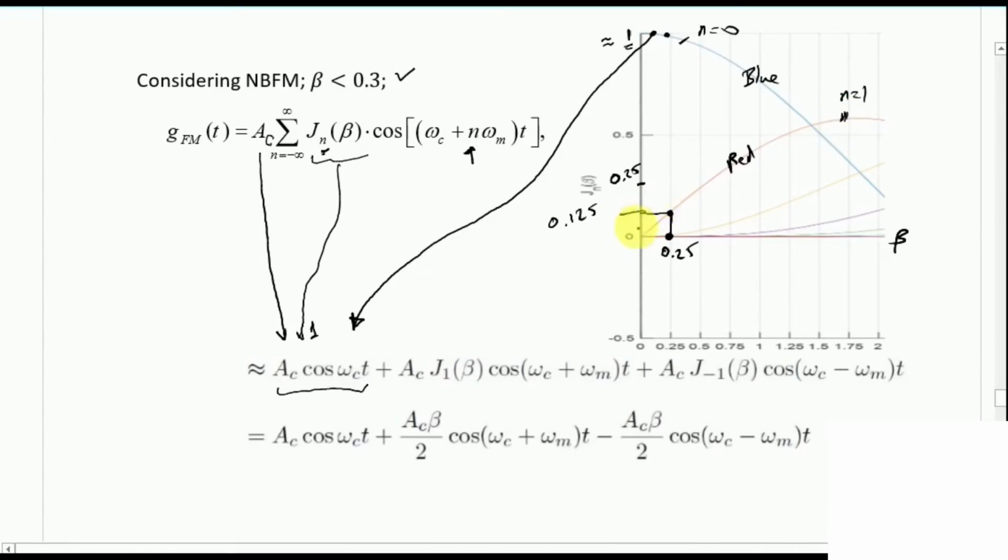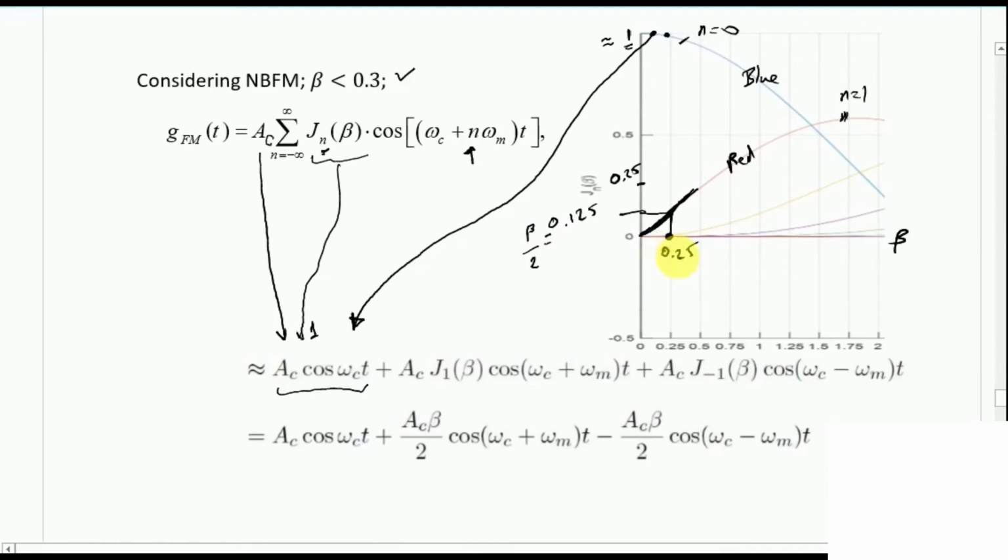When your n is equal to 1, it is almost showing a linear behavior initially, right? Since it's showing a linear behavior, note that at 0.25, Jn of beta is basically giving you half the value of 0.25. So in this range, this is equal to beta by 2.